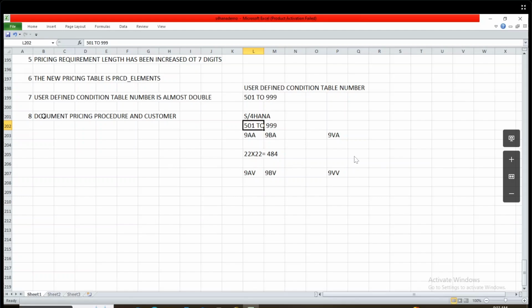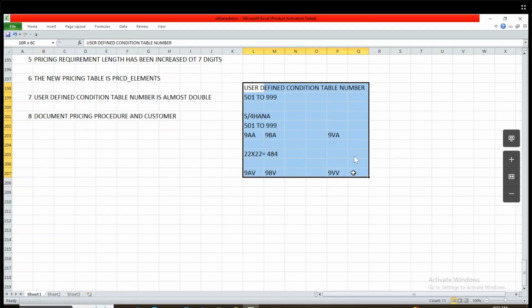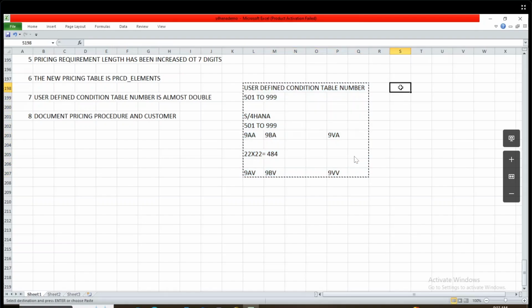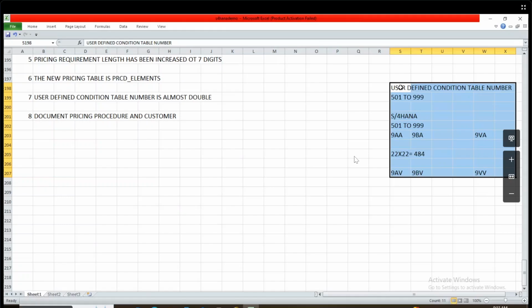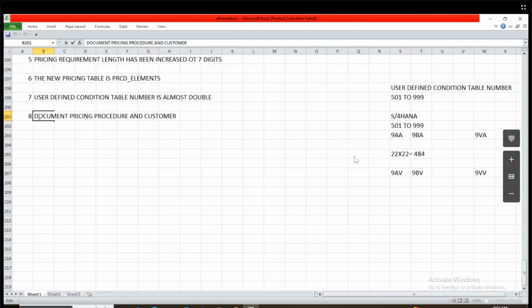Document pricing procedure and customer pricing procedure length has been increased to 2 digits. Earlier only 1 digit, but now it is 2 digits.